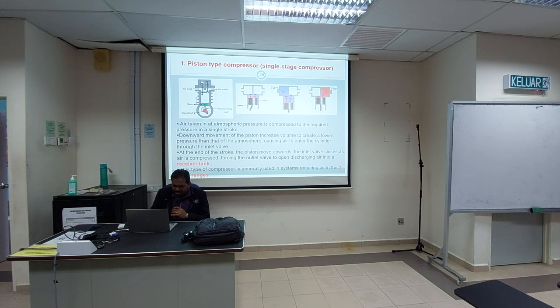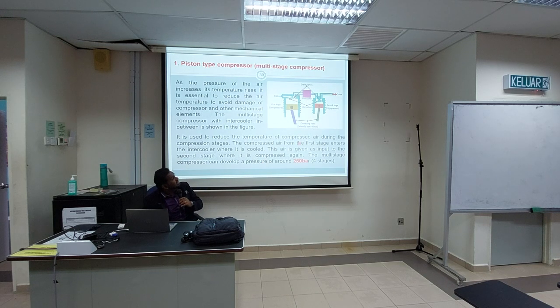So maksudnya 3 ke 7 bar ni kurang dari 10 lah. So for your pneumatic application, normally single stage compression is already enough. Sebab dia dah boleh hasilkan 3 ke 7 bar. Okay, unless you perlukan betul-betul 10 bar, so maybe you need to do some modification lah dekat compressor ni, ataupun you gunakan multiple stage.